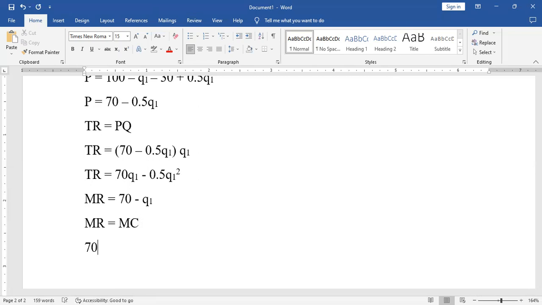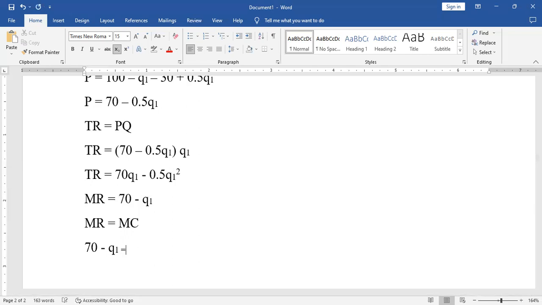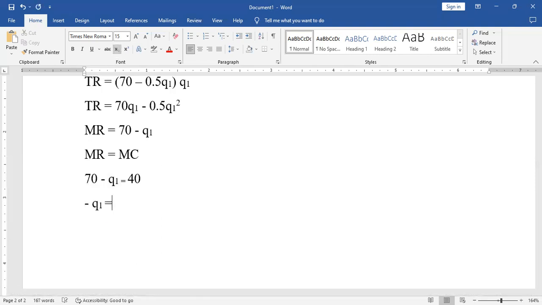So here we have 70 minus Q1 being equal to 40. The marginal cost is 40. So we'll push the 70 this side. We'll remain with negative Q1 on the other side of the equation. Then we have 40 minus 70. We are getting negative 30.